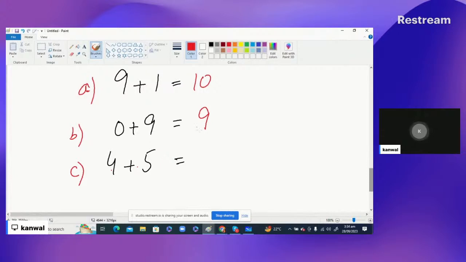So what's the answer? Count it on your fingers. 4 fingers, then 5 fingers, then add. Then it also becomes 9. So here, which is not a way to make 9? These both become 9. Only 9 plus 1, there the answer is 10. So we say that this is basically not 9. Okay.